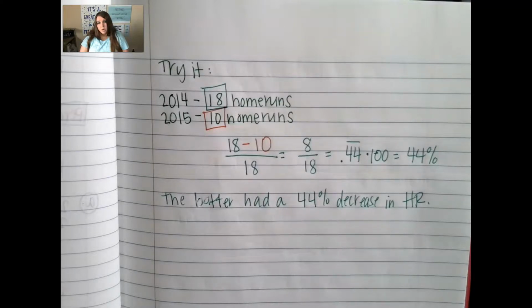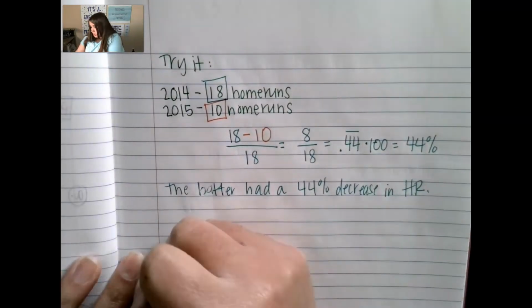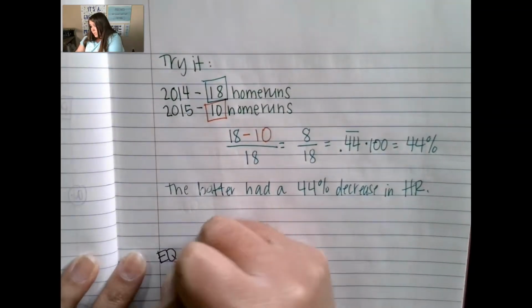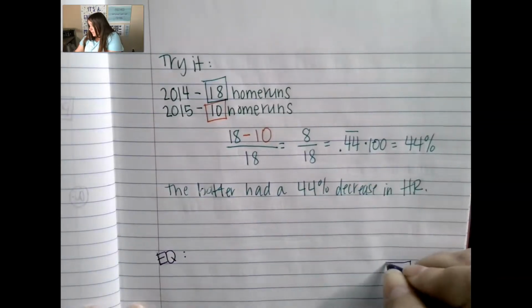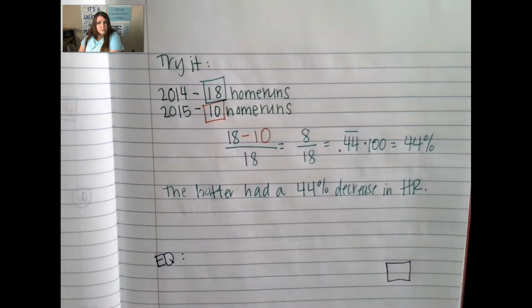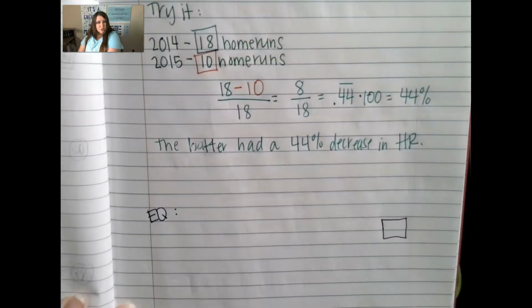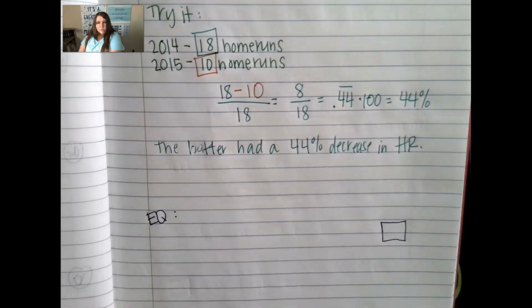How do we find the percent of change, a percent of decreased change? And then put your level of understanding out to the side. Where are you at with this? 1, I'm still trying to wrap my head around original and new and figuring out decimals and everything else. 2, I am doing okay with this.